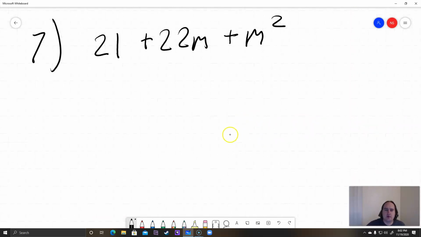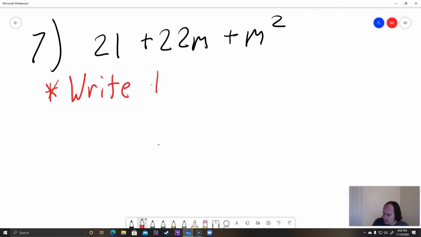So the thing about this one is it's not written with the highest powers first. So before you factor, you have to write the highest powers first.